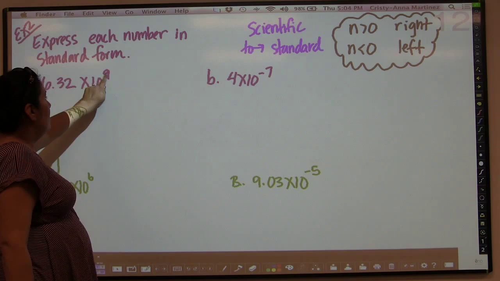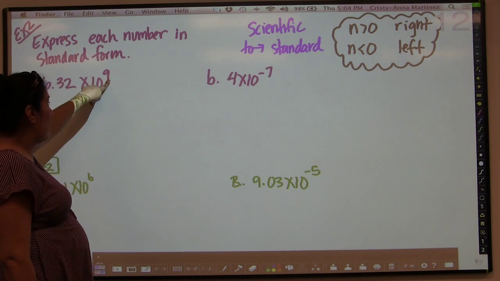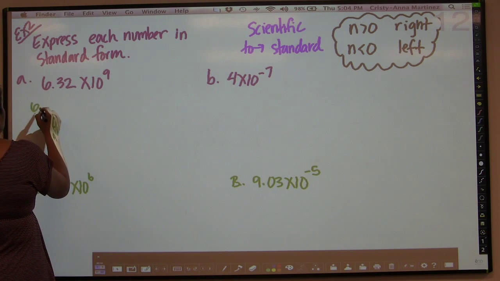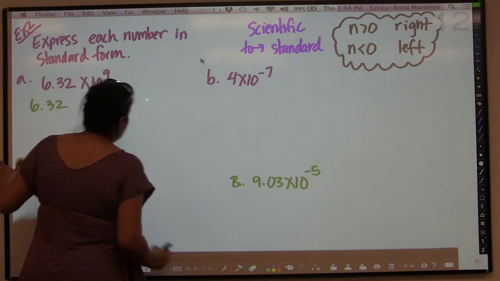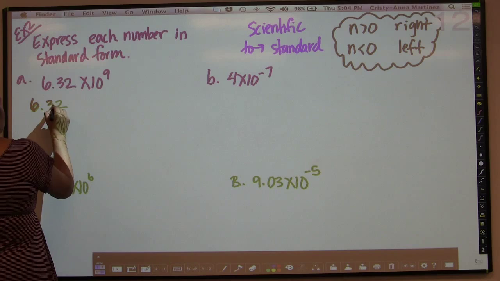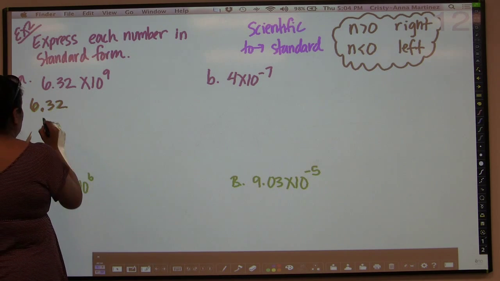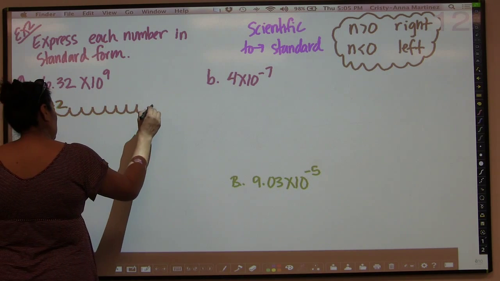In part A, our n is 9, so that's greater than 0. That means we're going to move the decimal to the right. I'm going to take my 6.32, and here's my decimal, and I'm going to move it 9 spaces to the right: 1, 2, 3, 4, 5, 6, 7, 8, 9.